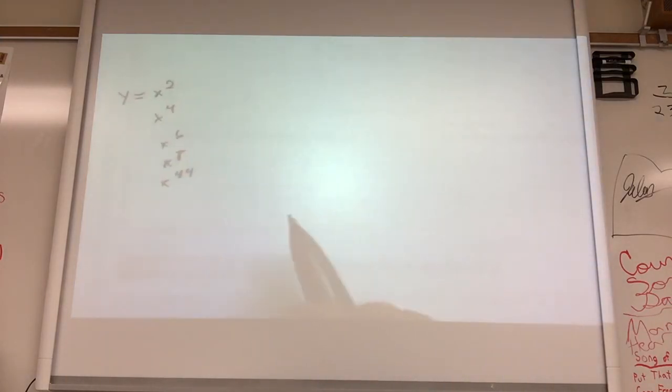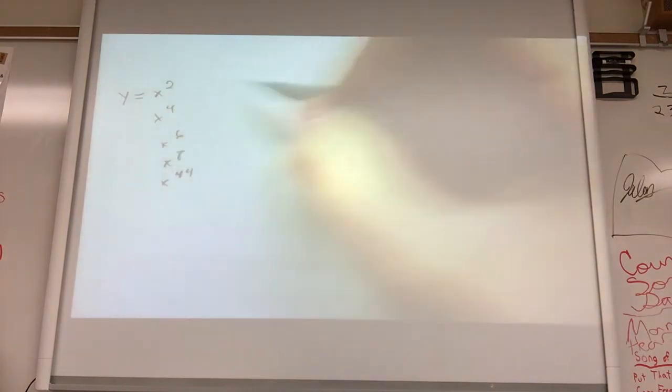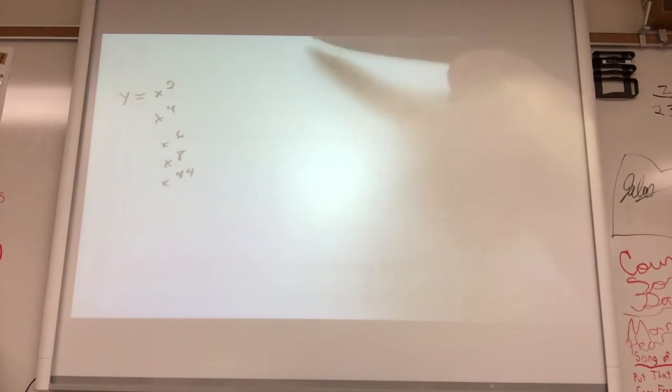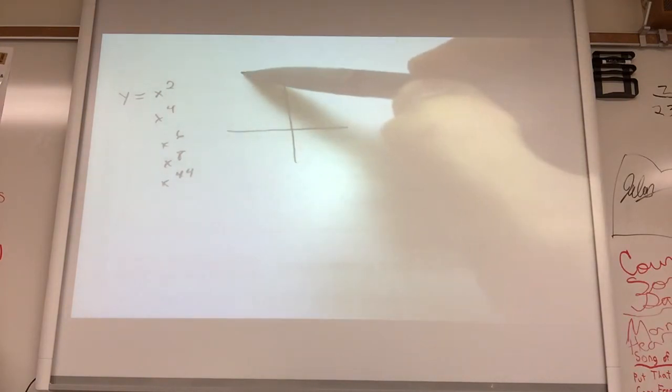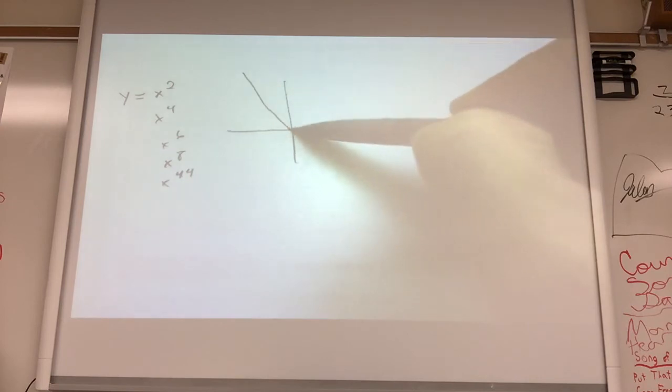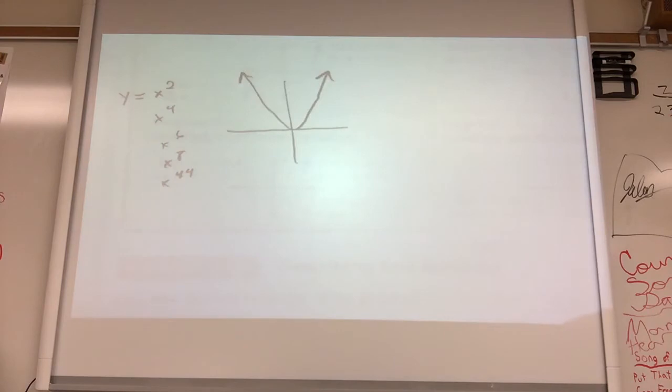All right? So what it is now is if it's a polynomial even, then on your graph, the end behavior, the end of this thing, as it goes to positive and negative infinity, is going to be going in the same direction.